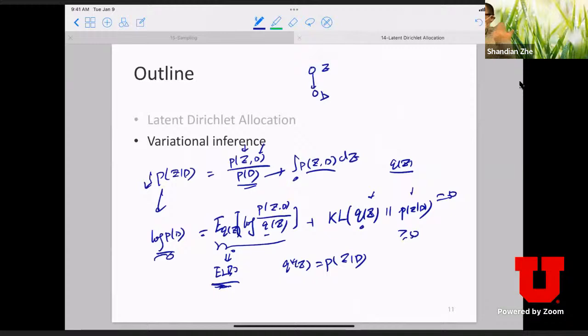You optimize this evidence lower bound with respect to an arbitrary distribution Q of Z. If you're powerful enough, you can obtain the true posterior through this optimal Q of Z. However, this is usually infeasible as well. So variational inference tries to simplify this optimization problem. So I maximize this ELBO.